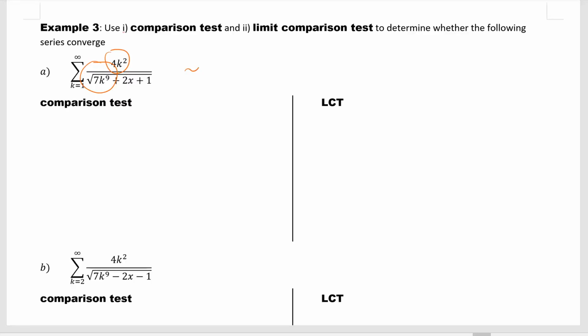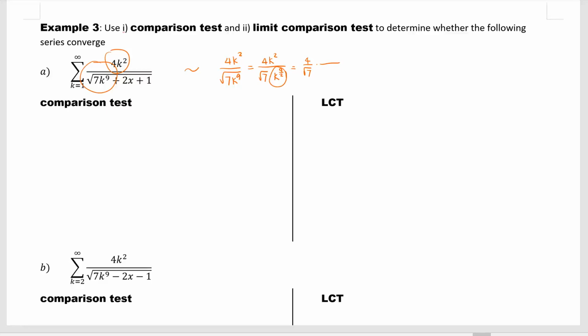So what are the dominant terms? Well, the dominant term is like 4k squared over the square root of 7k to the 9. So that is 4k squared, and then we have the square root of 7, split them, and then we have k to the 9 over 2. So we group the coefficients together. Now k squared and k to the 9 halves: k to the 9 halves is bigger.